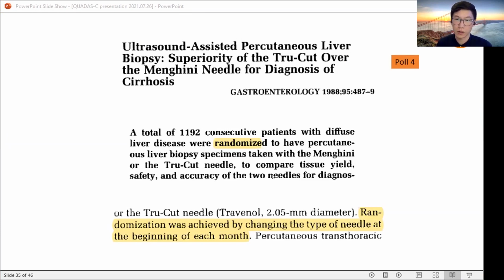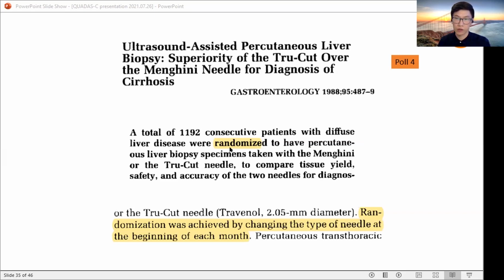Okay, we have a majority saying neither and a third saying the allocation sequence was random. Thank you very much for answering this. My take on this is I would choose neither, because they say the randomization was achieved by changing the type of needle at the beginning of each month. So that sounds to me like alternation rather than randomization.